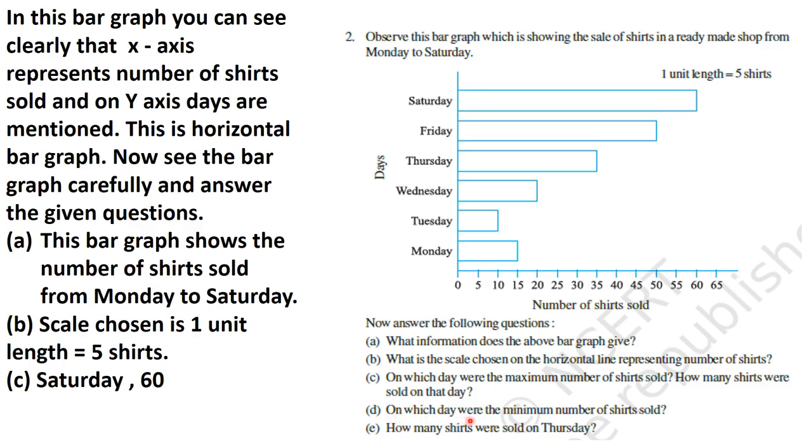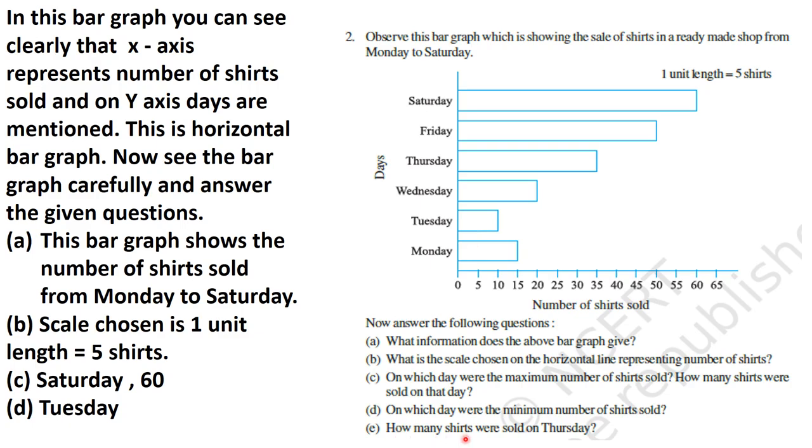Now see the D question. On which day were the minimum number of shirts sold? Minimum means सबसे कम. Now you have to tell on which day only. Number of shirts there is no need to tell. On which day? So it is on Tuesday. So answer of D is Tuesday. E part.